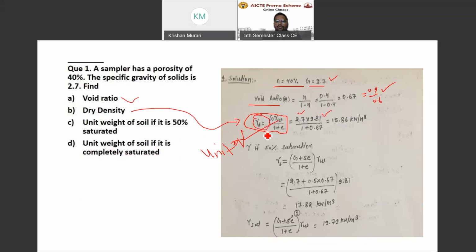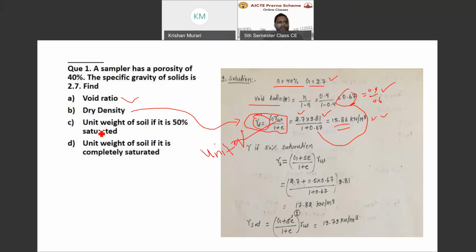Hence the value of dry unit weight is 2.7 into 9.81 upon 1 plus 0.67. 0.67 is the void ratio. We calculate it here, and the dry unit weight is 15.86 kilonewton per meter cube. You can easily find the value of that.